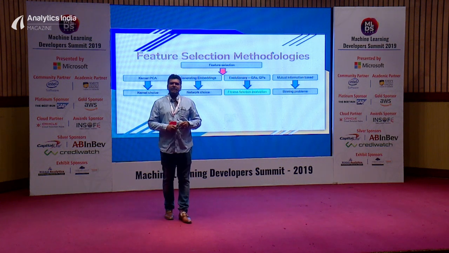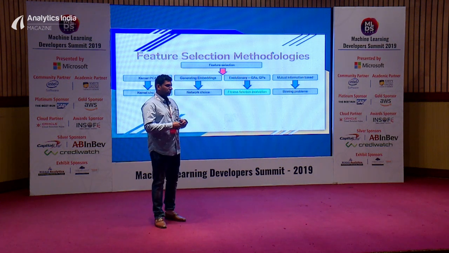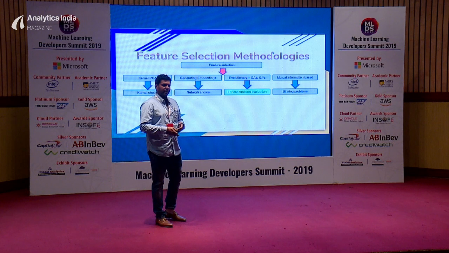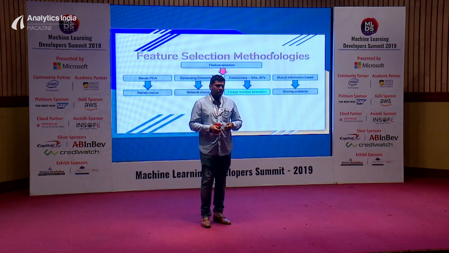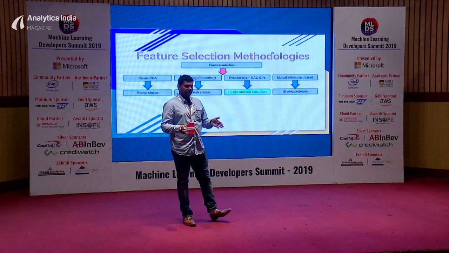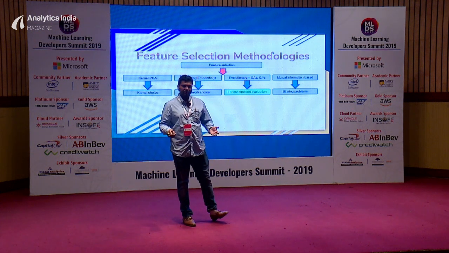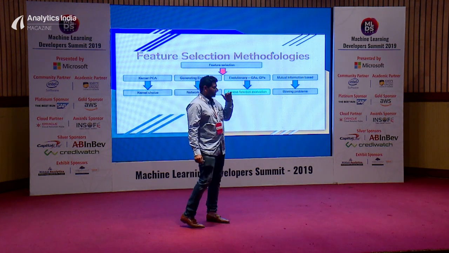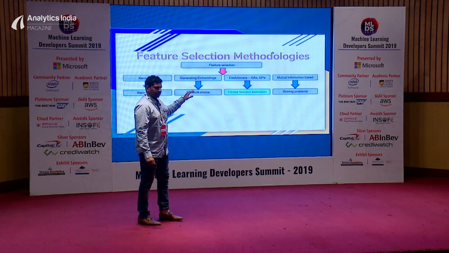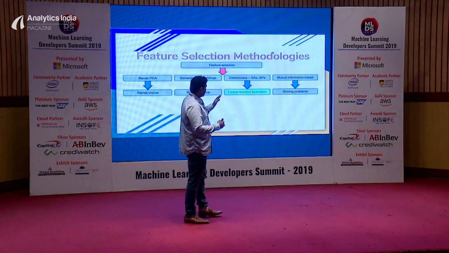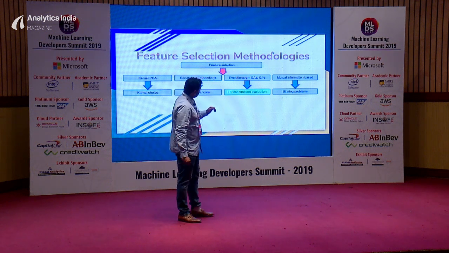For example, instead of using x1, you can say that x1 square x2 is a new variable that I'm going to create, or integration of x1 over a period of time is another variable, or some random function, which is topologically almost impossible by hand, can be created using a machine. That's genetic programming. We are not going to delve into genetic programming in this talk. It's a research interest of mine, but I think we don't have enough time for that.